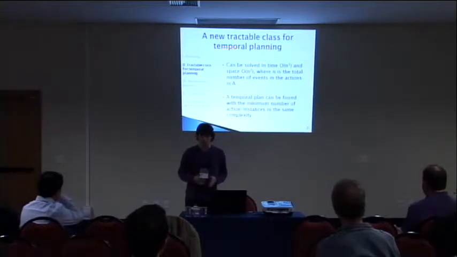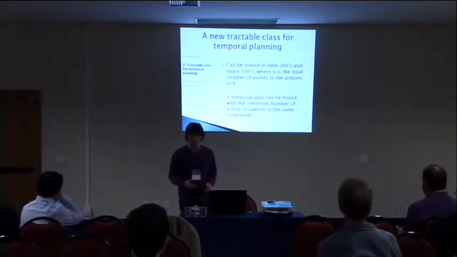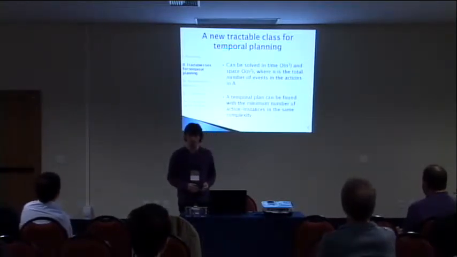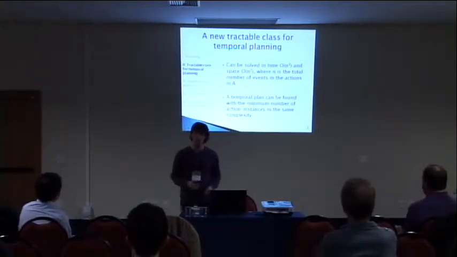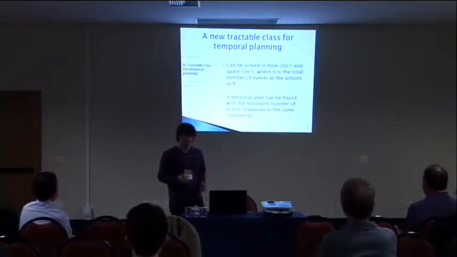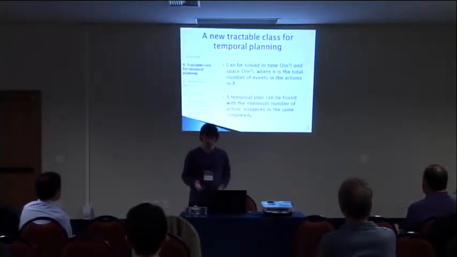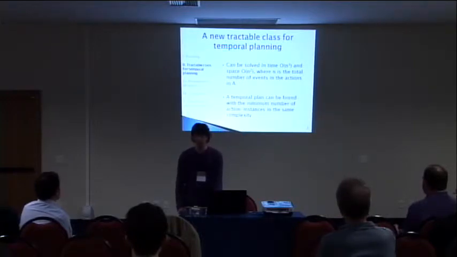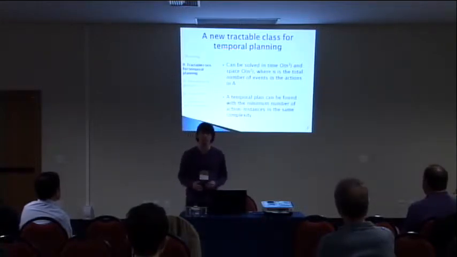There is a sub-problem in temporal planning that can be solved in polynomial time. This new tractable class can be solved in cubic time and quadratic space. Also, a temporal plan with a minimum number of actions can be found with the same complexity.